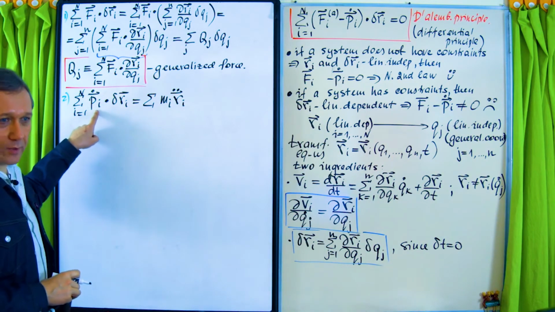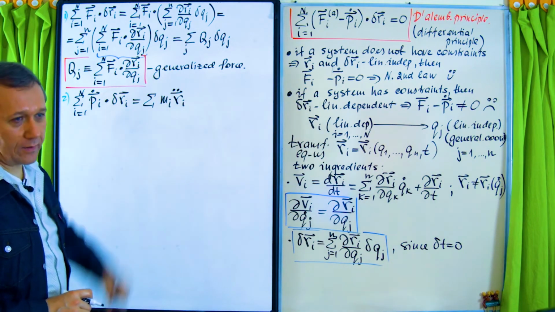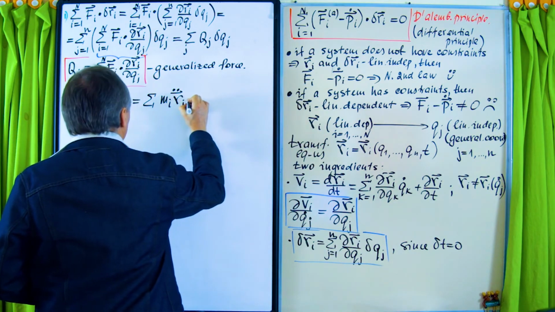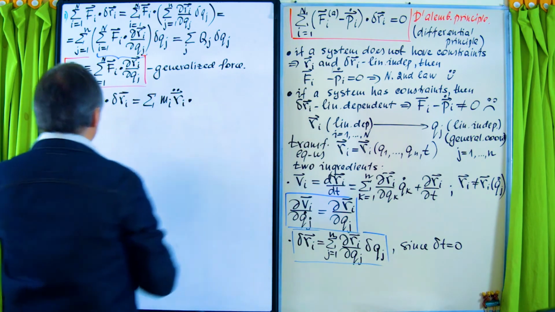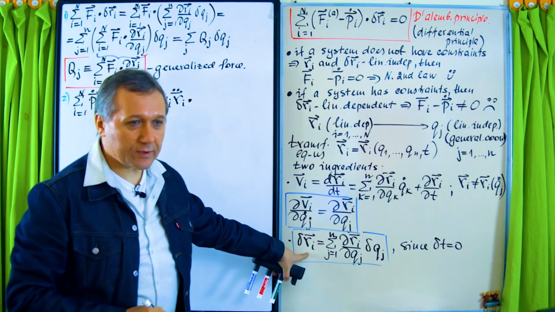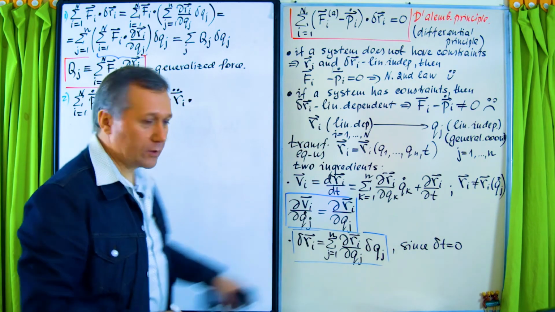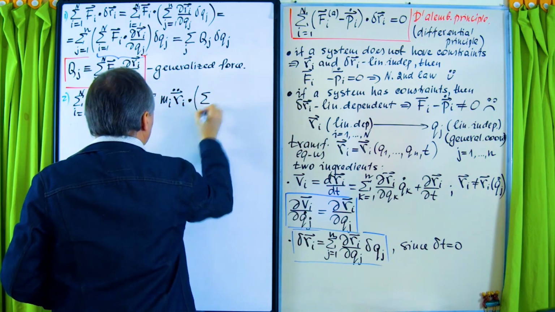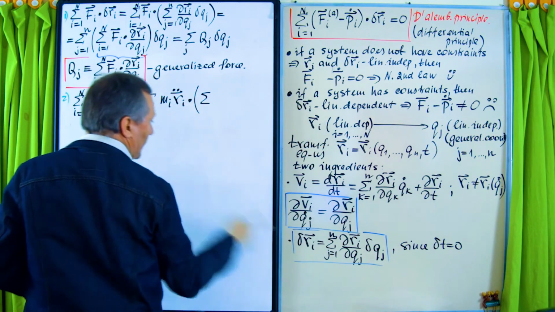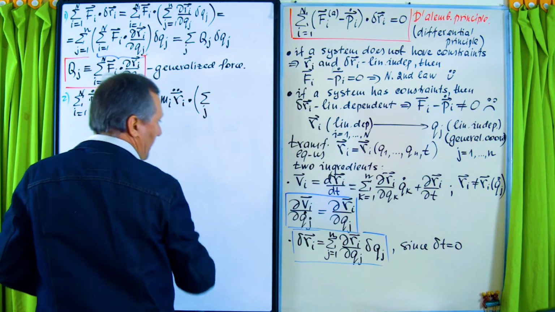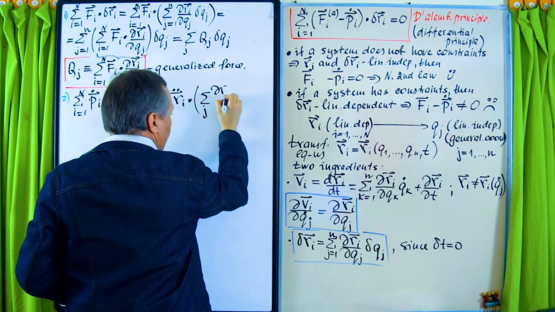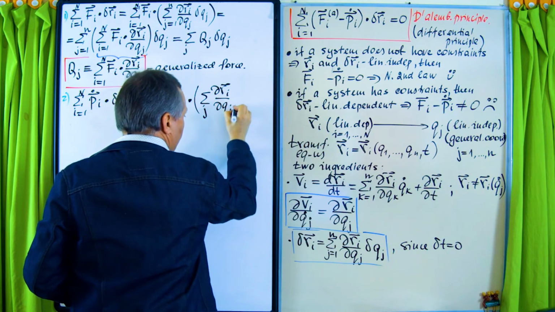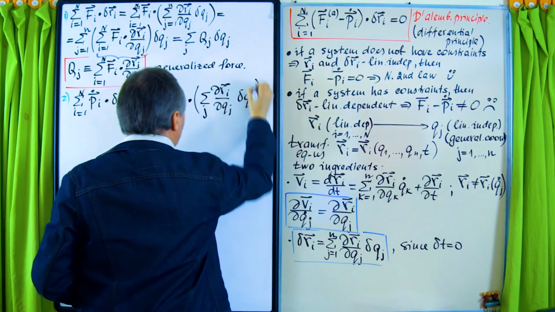Because here it's a P dot, so it will be Mi Ri double dot, dotted with delta Ri, and again we can recycle the same ingredient. So now I can write that down without thinking. Summation over i, here summation over j, partial derivative of Ri with respect to Qj and delta Qj.